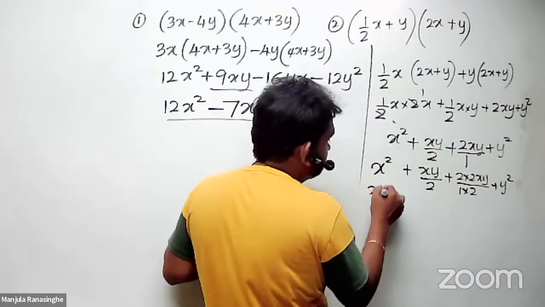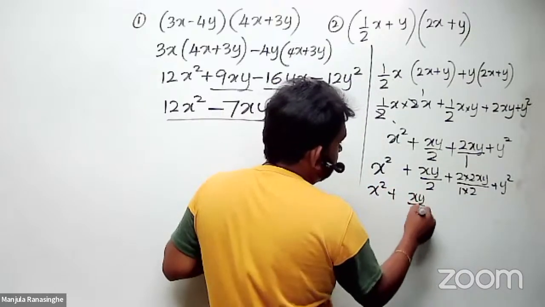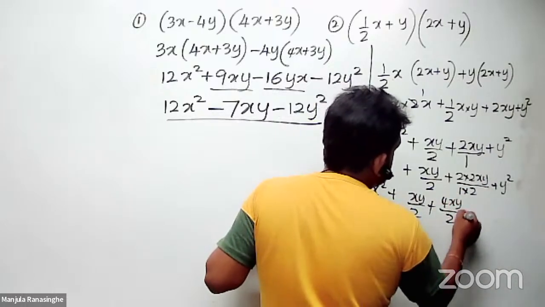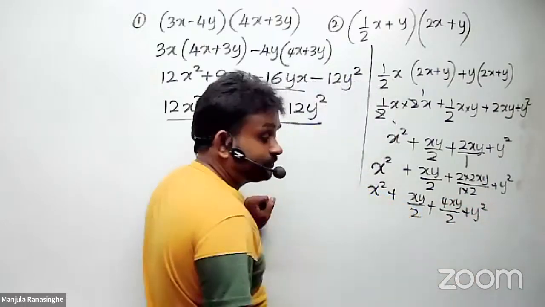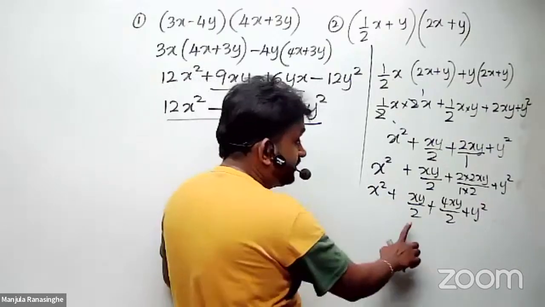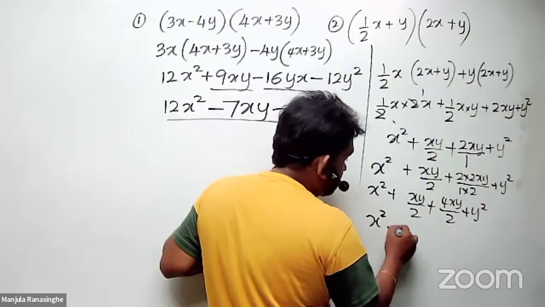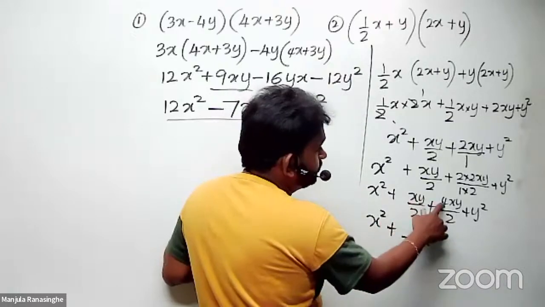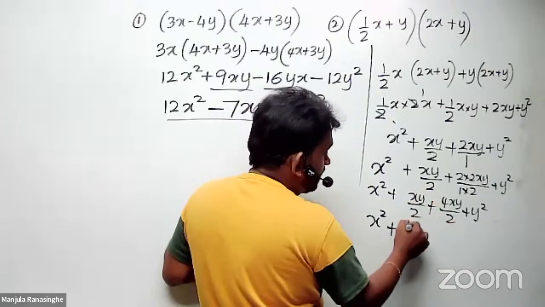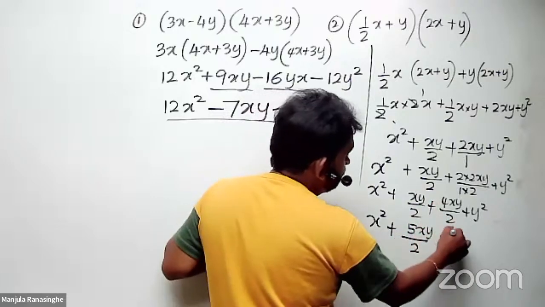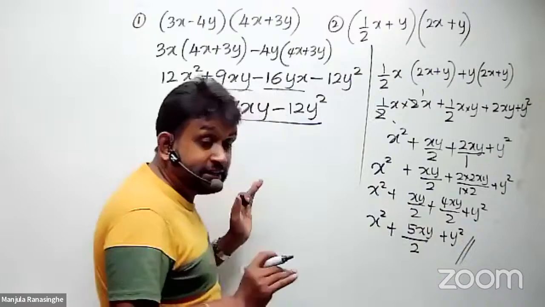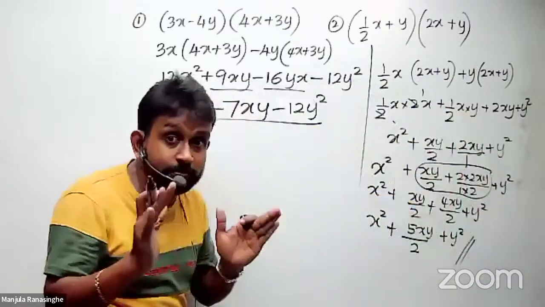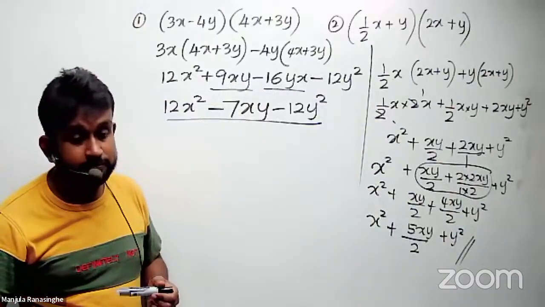Then x squared plus xy upon 2 plus here 2 into 2, 4xy upon 2, plus y squared. Now the denominator is 2. So x squared plus, 2 is the denominator. Now you can add these two: 4xy plus xy means 5xy, plus y squared. So what we did here, we just simplified the sum of these two terms by making a common denominator.